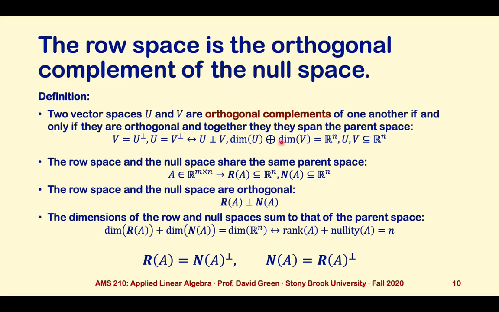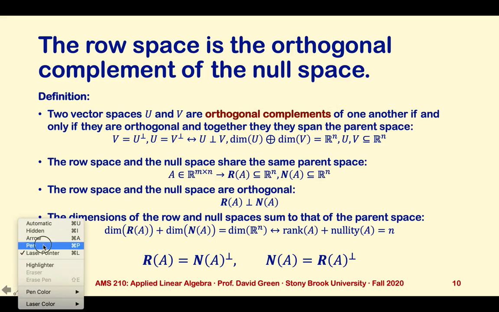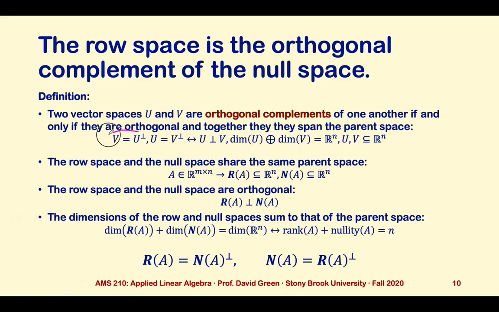If that direct sum generates the whole vector space, and the two vector spaces are orthogonal, we say that they are orthogonal complements. And we use this notation here. Again, we're using this orthogonal symbol, but we're now using it as a superscript.